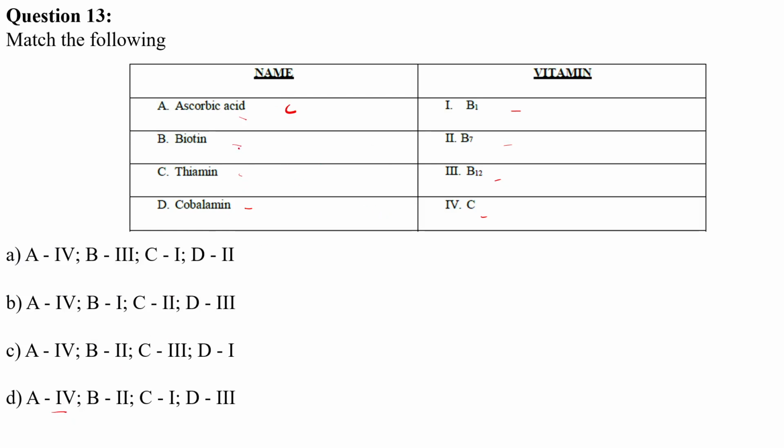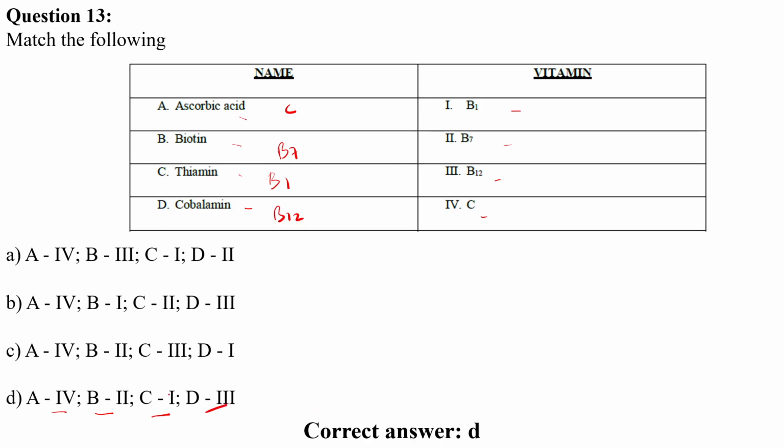Then biotin is vitamin B7, so B2, that is also correct. Thiamine is vitamin B1, so C1, and cobalamin is vitamin B12, so D3. Yes, so option D is the correct answer.